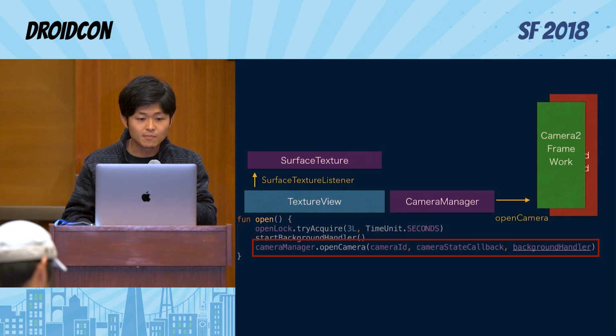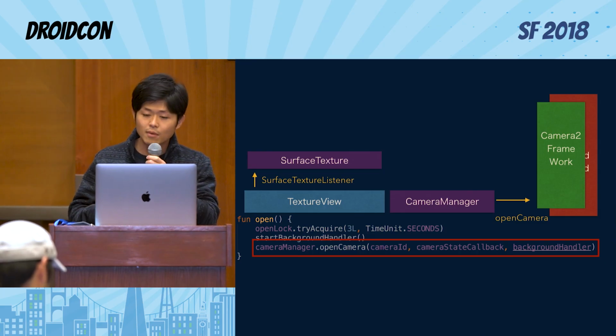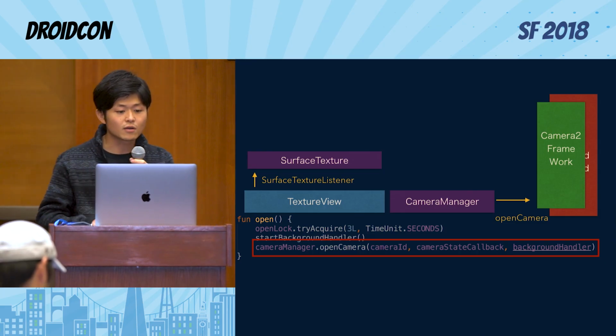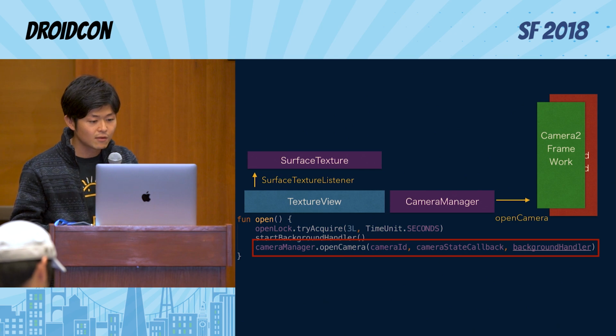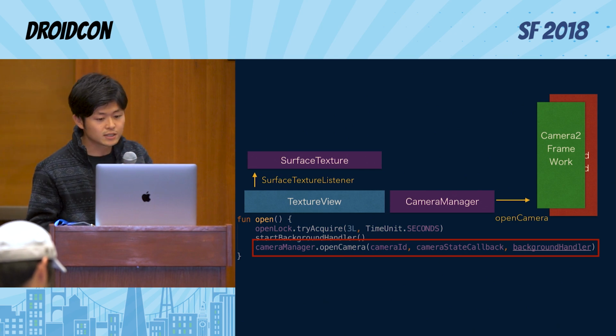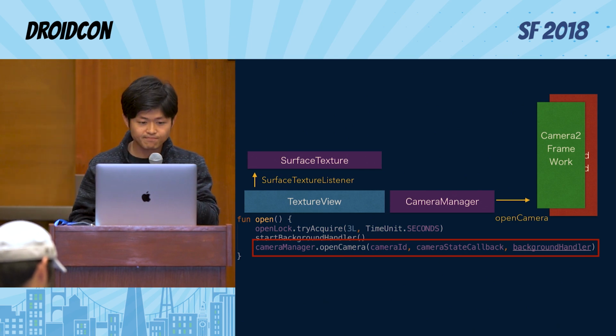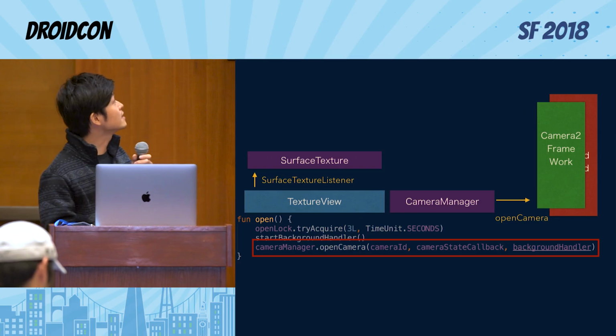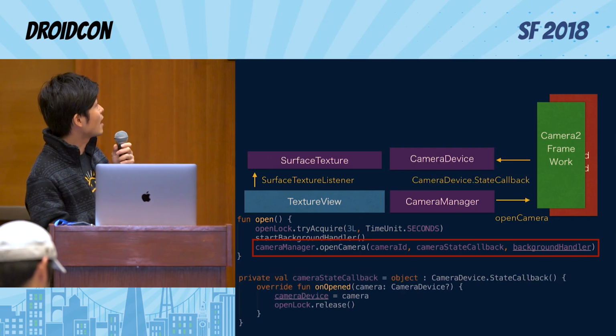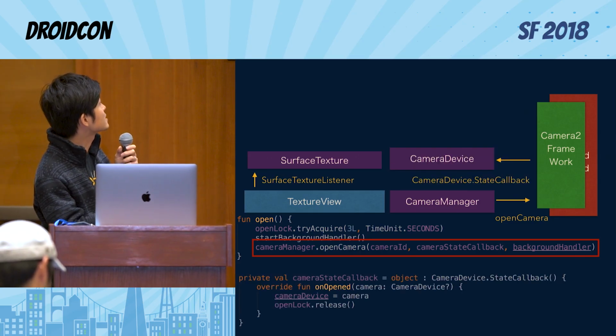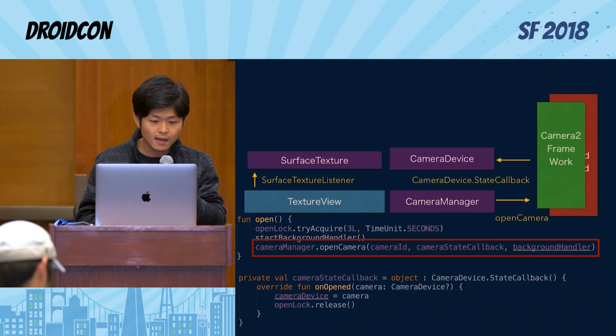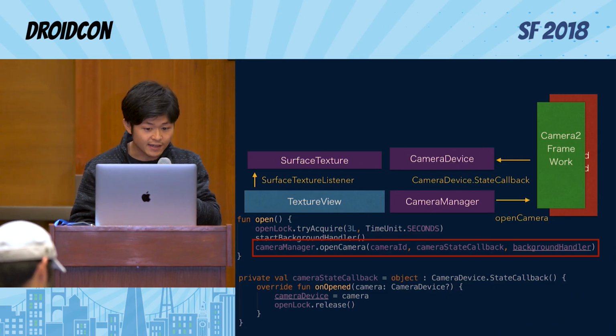Once the background thread is ready, we call open camera from the camera manager, which returns the camera device as a result. Here you can see the camera device comes back from this camera state callback. And once the camera device is ready, we can unlock the semaphore.